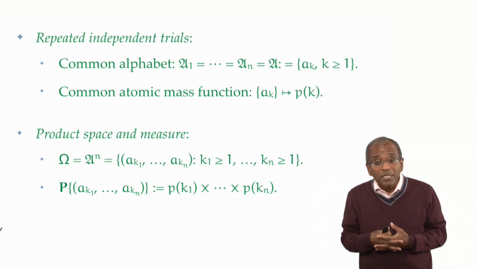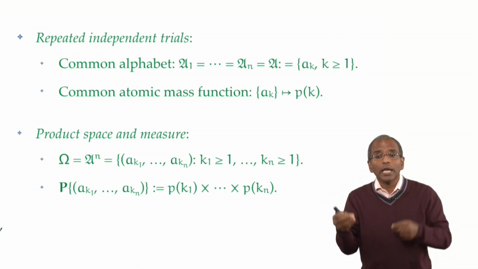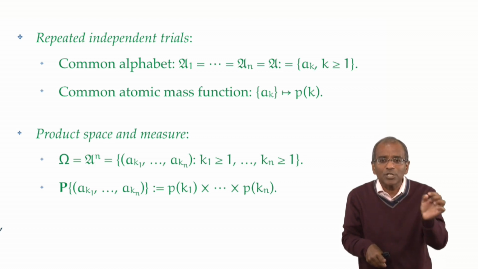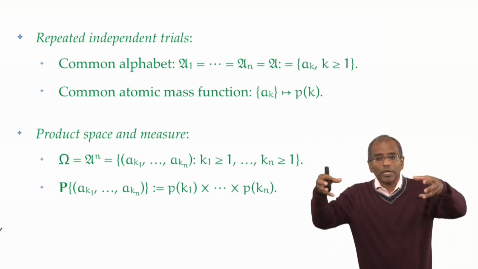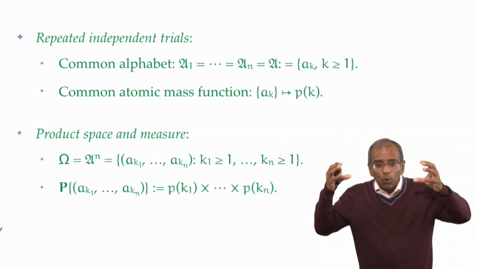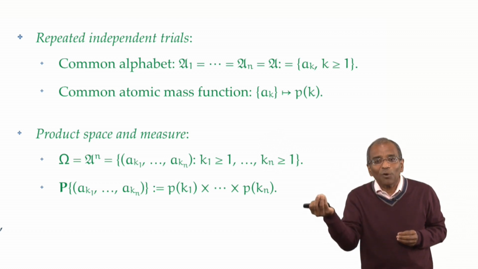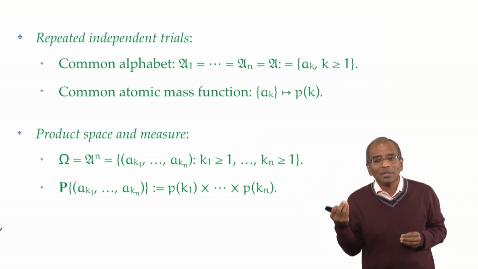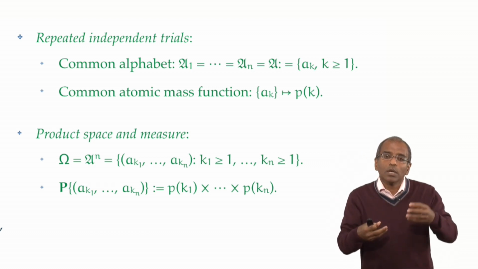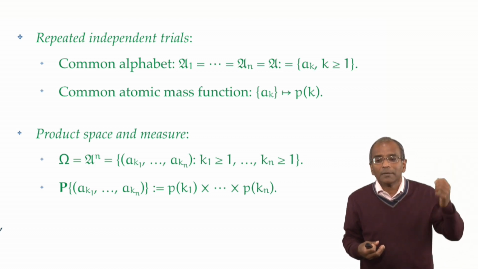What is the probability measure we attach here? Well, the mass function attached to any n-tuple is simply a product of the individual masses of the elements of the n-tuple. So in other words, if you're looking at the n-tuple k1, k2 through kn, the corresponding probability of a_k1 through a_kn is p of k1, the mass attached to a_k1, times p of k2, the mass attached to a_k2, and so on, times p of kn, the mass attached to a_kn.